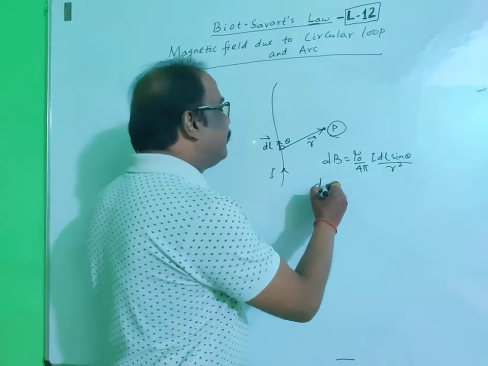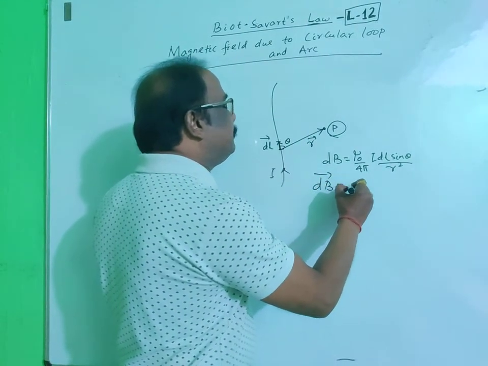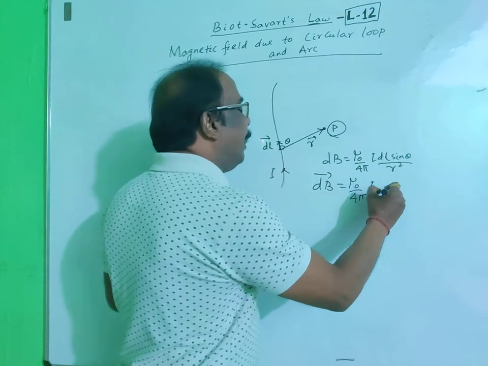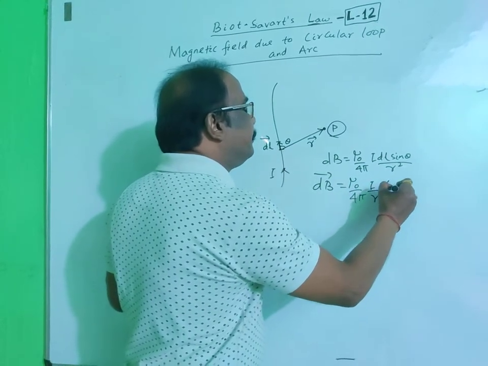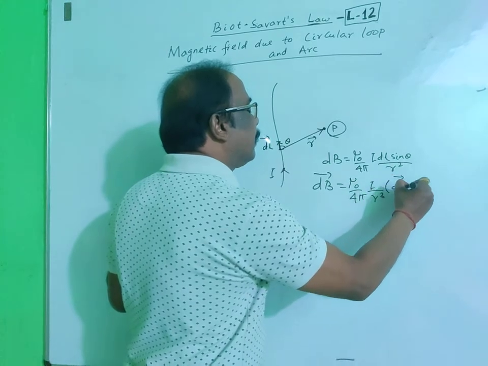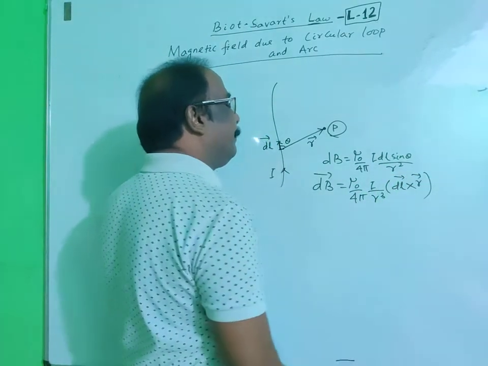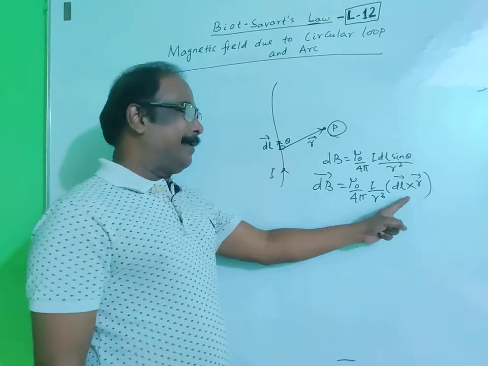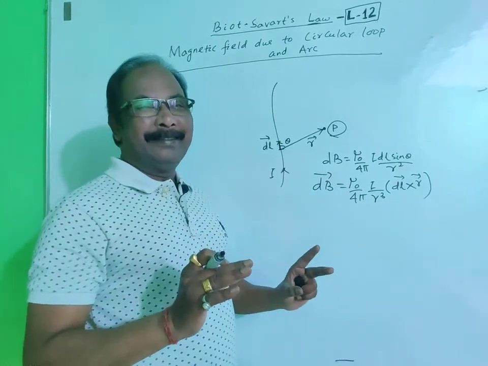In vector form we have discussed dB is equal to mu naught by 4 pi, I by r cube into dl cross r.